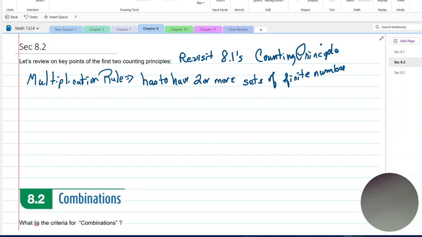Okay, so sets with finite numbers. Then it is the cardinality of set 1 times the cardinality of set 2, till we get to the last set that you have, because you can have 2 or more, and that'll give it to you. It's just the multiplication rule.